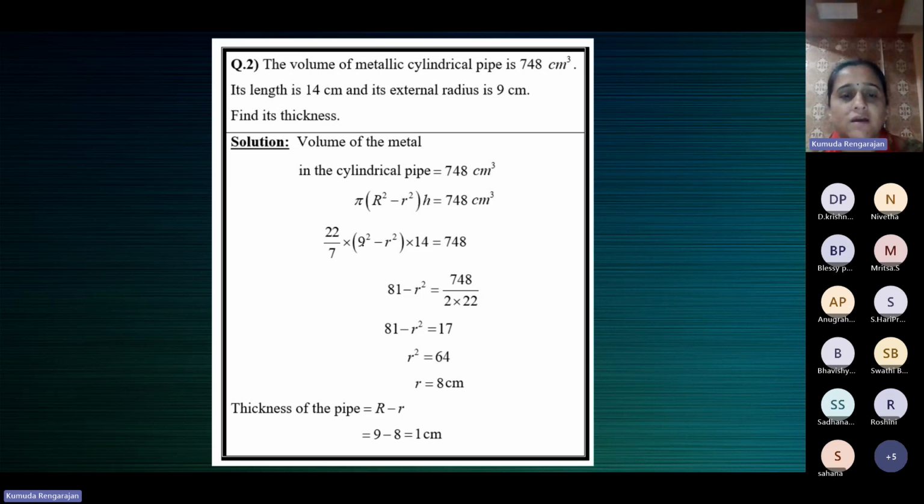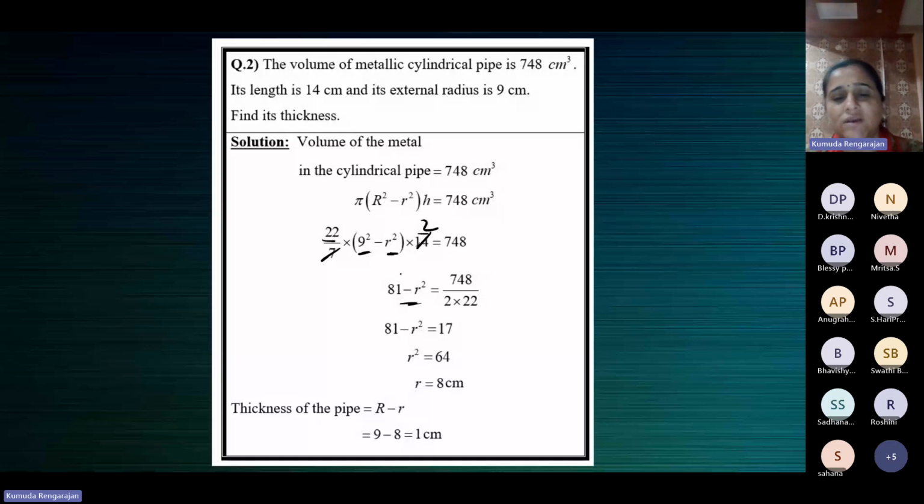Now this is 81 minus r square, and 7 twos are 14, they get cancelled. So we have 22 into (81 minus r square) is equal to 748.